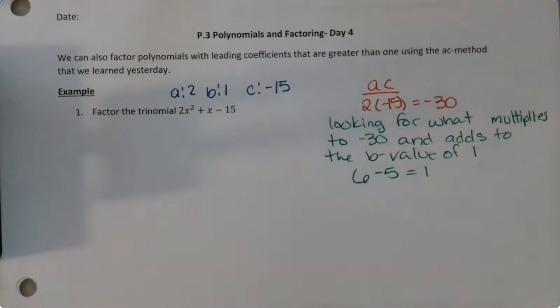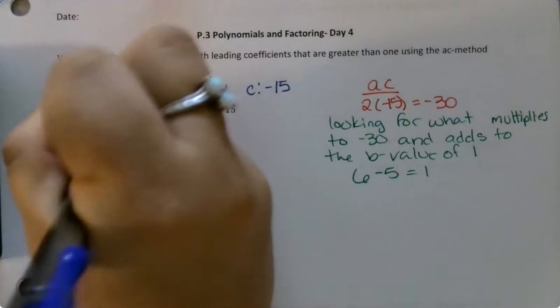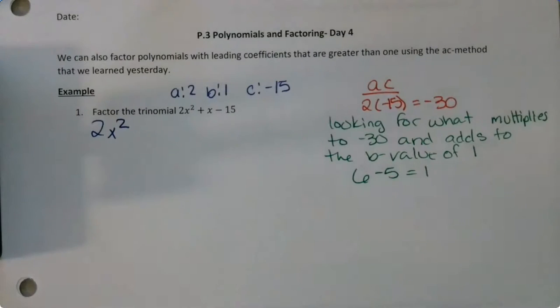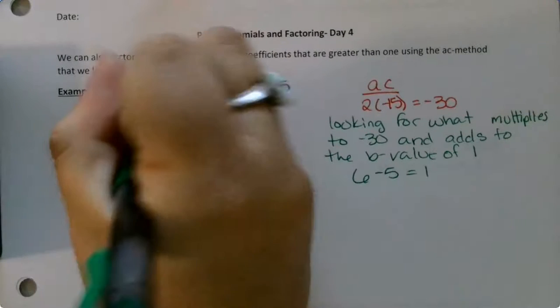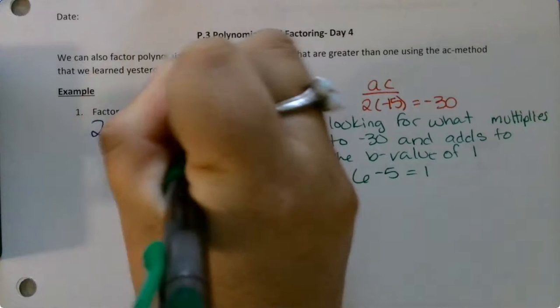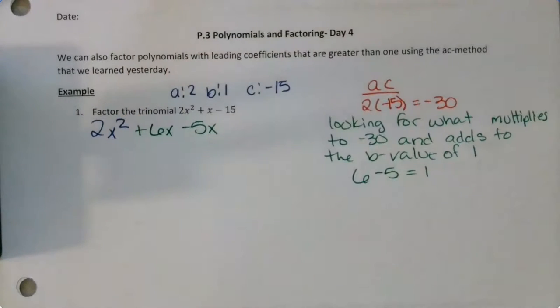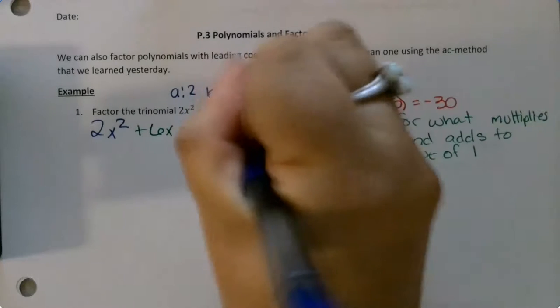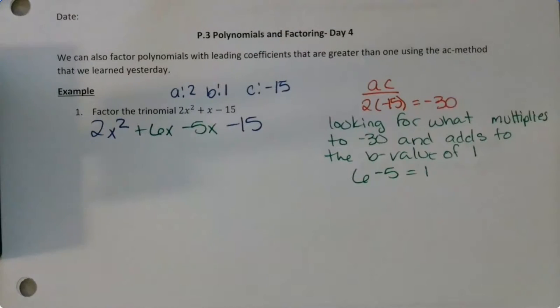Okay, so what I'm going to do is I'm going to write my first term the same, but instead of being x, I'm going to write this as positive 6x minus 5x, because if I added those together, it would give me back the x, and then minus the 15 at the end. That's not changing.